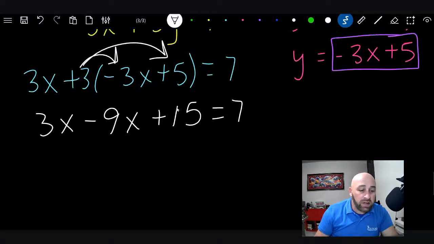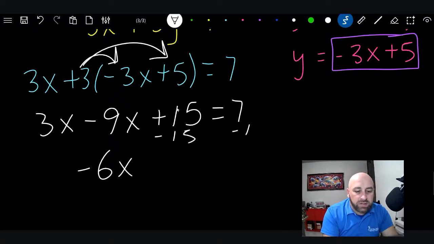Go ahead and solve that. Now we're solving for x. We're trying to get x equals. So that's going to give us negative 6x. Subtract 15 from both sides, and we will get equals negative 8.